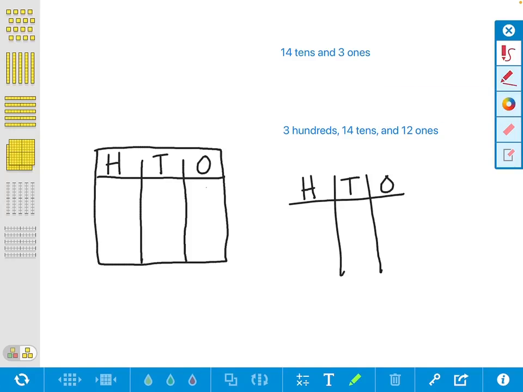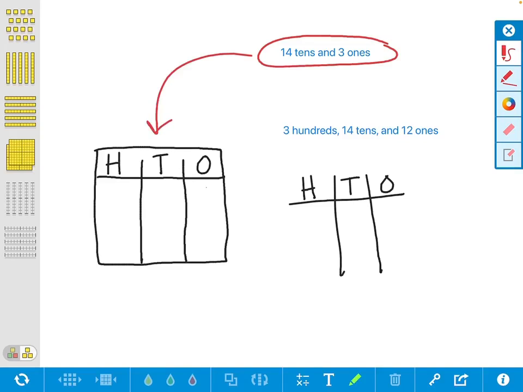So let's take a look. I have an example riddle right up here for us to look at. It says 14 tens and 3 ones, and the riddle question would be, I have 14 tens and 3 ones. What number am I? To solve a problem like this, I'm going to come over to this place value chart and put in the numbers that I was given.